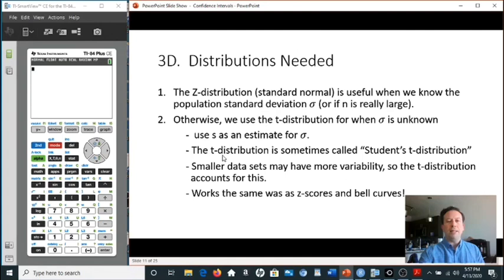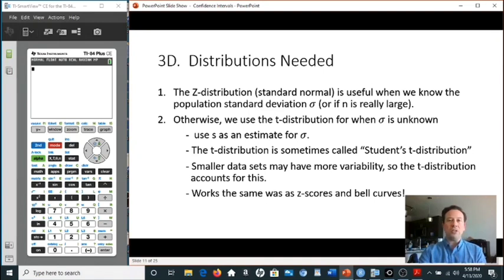The second point, just in case you see this in your homework or in the book: the t-distribution is sometimes called the student's t-distribution. The reason it's called that is because it was developed by a mathematician named William Gossett when he was working at the Guinness Beer Brewery plant in Dublin, Ireland.